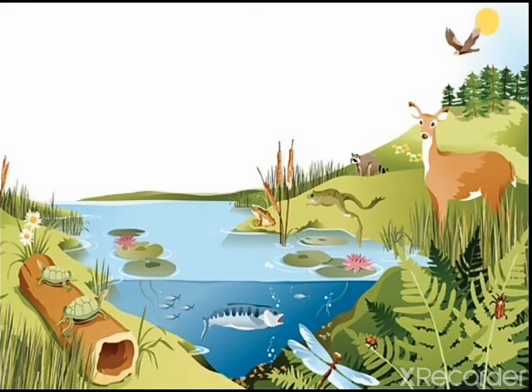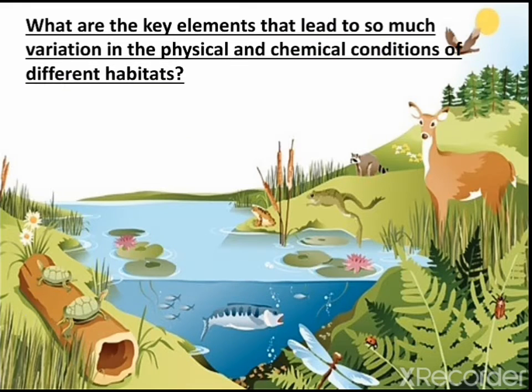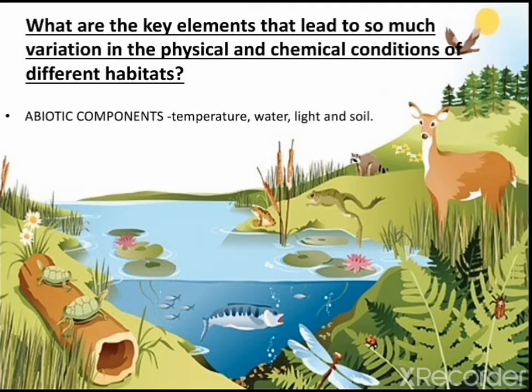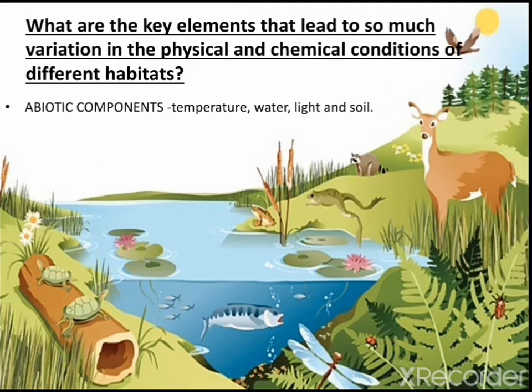All these are different types of biomes which are present in India. So now let us see what are the most essential elements, or the key elements, that have led to the variation in the physical and chemical conditions of the different habitats. What is the reason for these diverse habitats which are present on our Earth? This diversification is mainly due to two categories of components. The first category is known as abiotic components, which are non-living components such as temperature, water, light, and soil.